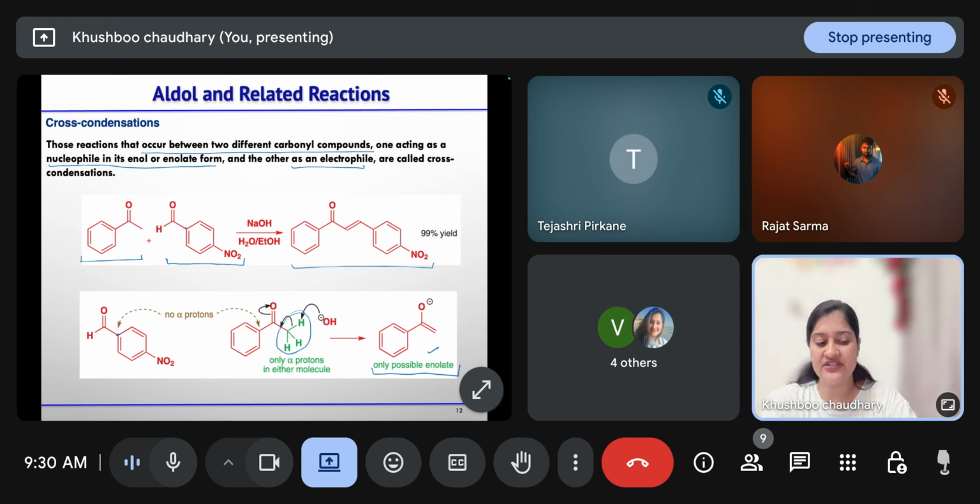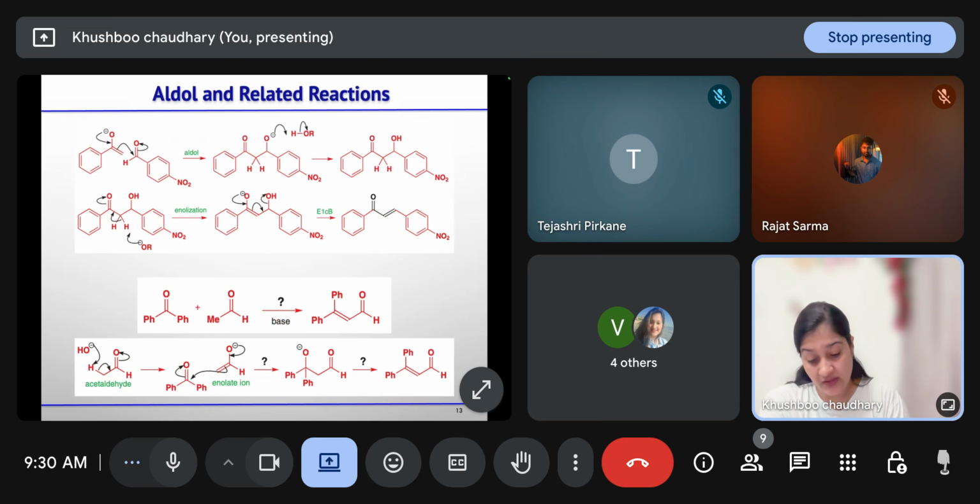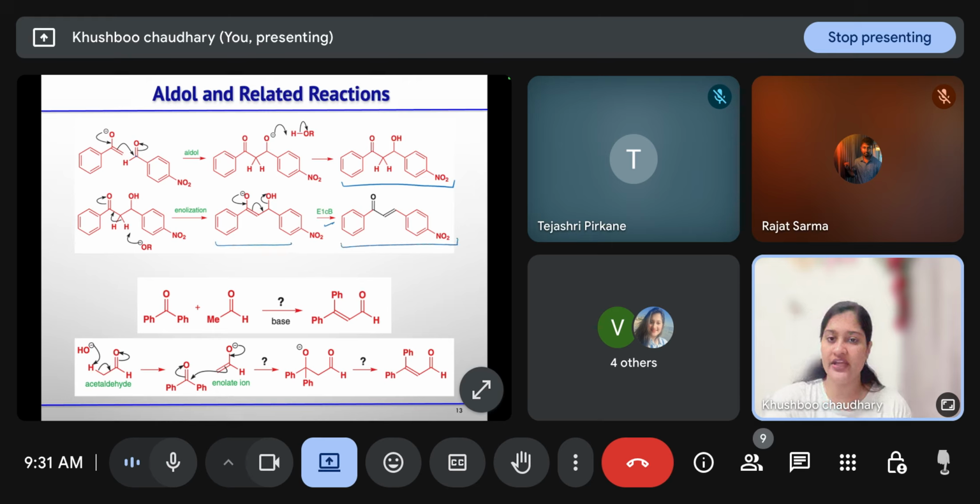After the enolization, what is the next step? It will attack the aldehyde. This enolate will attack the aldehyde, and after protonation you will get this beta hydroxy ketone, and further the base will abstract the alpha proton, an enolate will generate, that will revert back through the E1cB mechanism to give you the alpha beta unsaturated ketone.